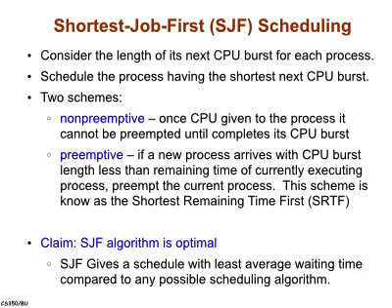There is also a claim here that shortest job first is optimal. What this means is that there is no other scheduling algorithm that can give you a shorter average wait time than shortest job first. Now this is a pretty strong claim.